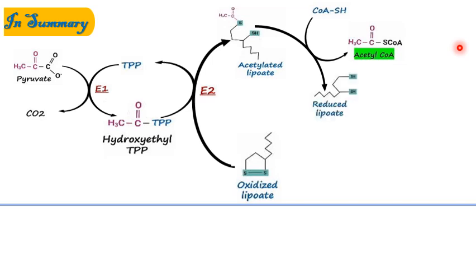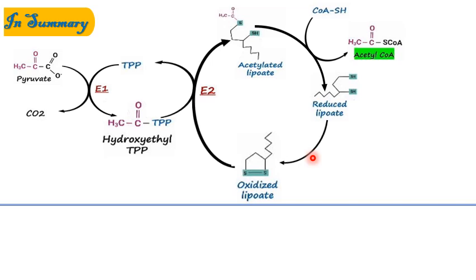And when it removes it, the lipoate is now completely in the reduced state. For this reaction to keep going, we need to regenerate the TPP we used, and the oxidized lipoate we used, which is now reduced, needs to be re-oxidized.